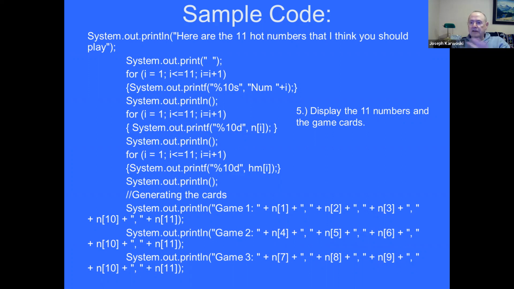My hot system, again, you don't have to do it that way. You can do it however you want. My hot system is going to be, what do I have here? The numbers that have come up in the last 5. So I am going to go through, look at the last 5 drawings, and then randomly select my numbers from the group that have come up. So I'm not actually taking the most. So, okay, 18 has come up 5 times in the last 5 drawings.